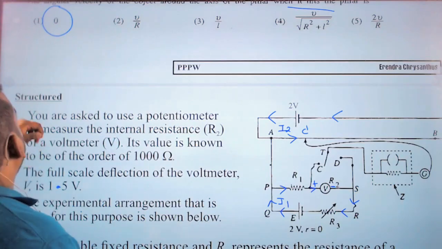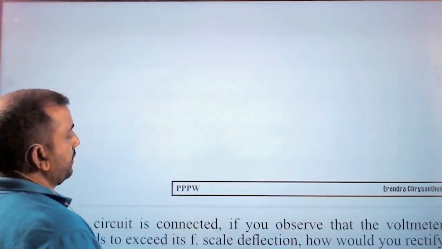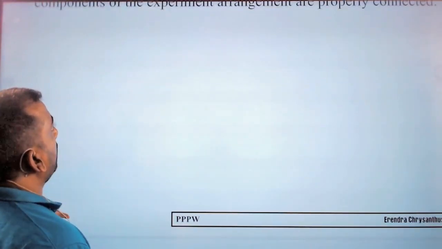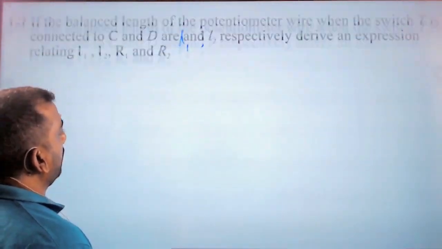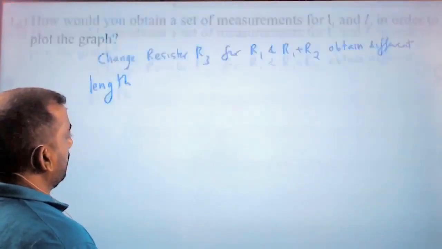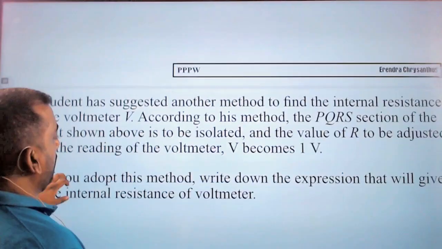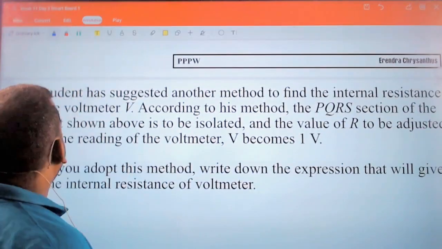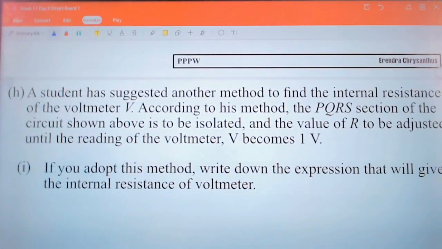So what can you say? A student has suggested another method to find the internal resistance of the voltmeter. If you adopt this method, write down the expression that will give the internal resistance of the voltmeter.